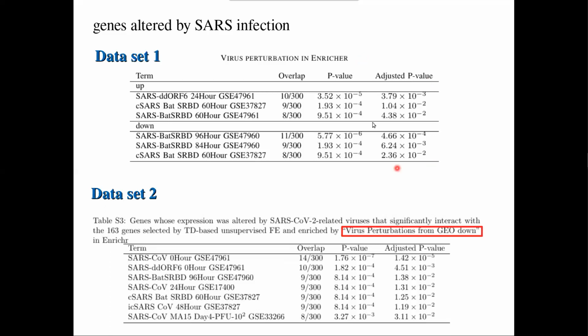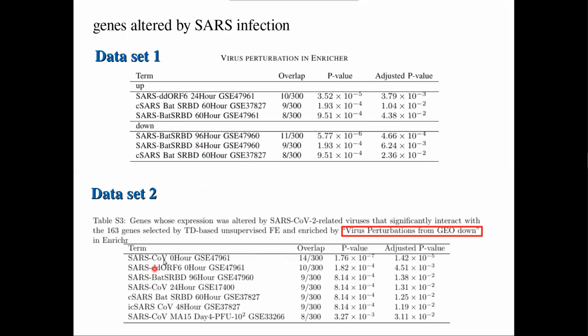Now, these are the corrected p-values, and it is obvious these 6 SARS viruses affect the genes we have selected. For dataset 2, we have more SARS-CoV viruses which can affect the genes we have selected.